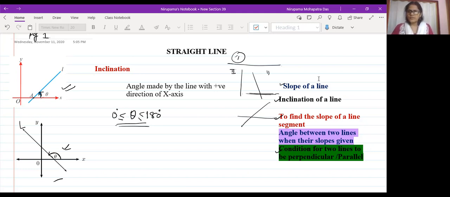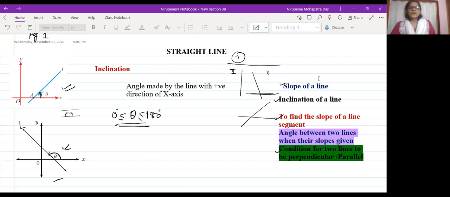So if theta equals 0, the line will be either coincident with x-axis, or it will be parallel to x-axis. And if I take like this, the angle can be 180 degrees also, right? Or if theta is 90 degrees, you get a vertical line.